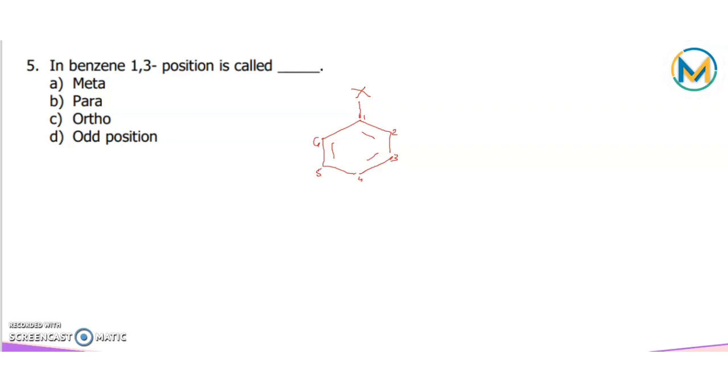Now with respect to X, these two positions are ortho. These two positions are called meta. And this fourth position, the opposite position, is called para. So the question says benzene 1, 3 position. So 1 and 3 position is called meta. So the correct answer among the given options is A, that is meta.